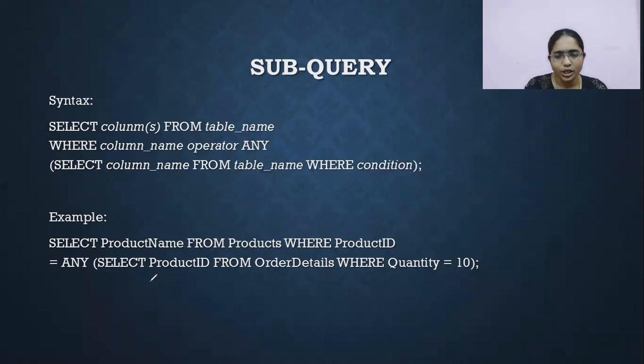So what are you fetching from your inner query? We are going to fetch a product ID from which table? We are going to fetch it from the order details table. So what is the constraint they have mentioned? The products which have been ordered for 10 quantities, those product IDs are going to be displayed.